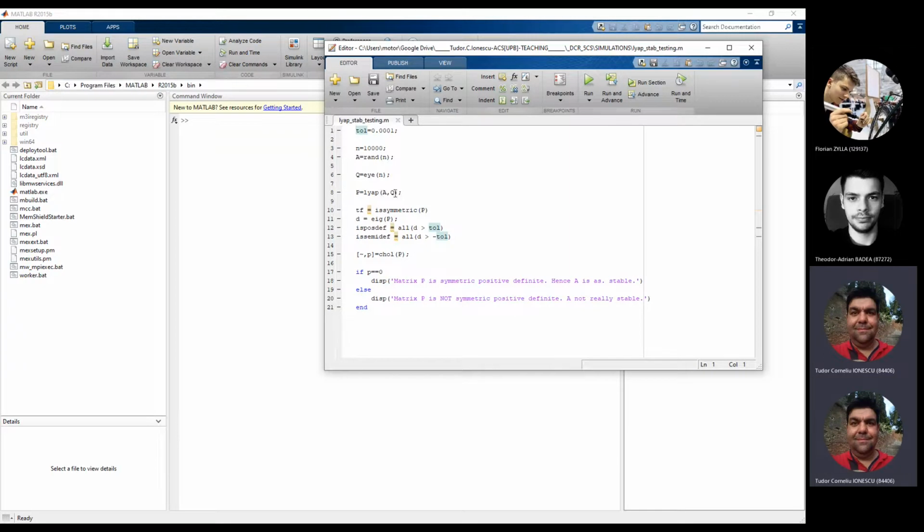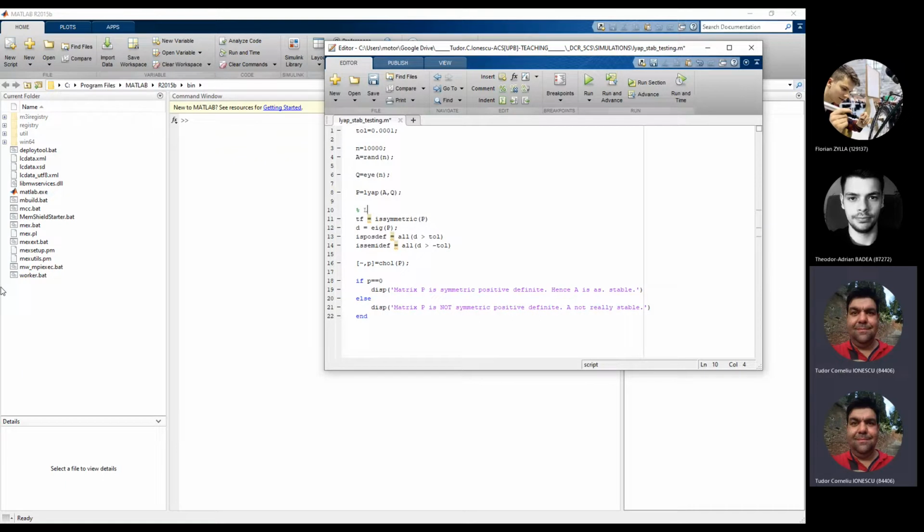This is the command for the Lyapunov equation, A transpose P plus PA is minus Q. And these are the commands helping us test the Lyapunov LMI stability.